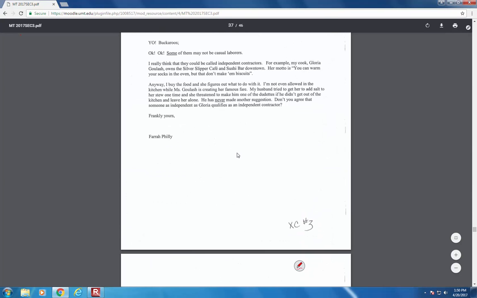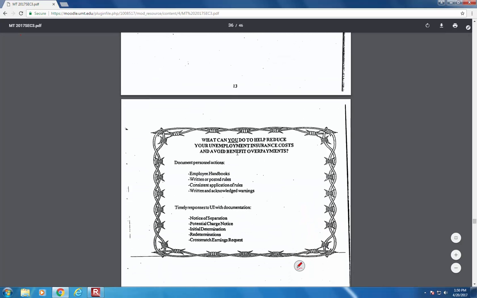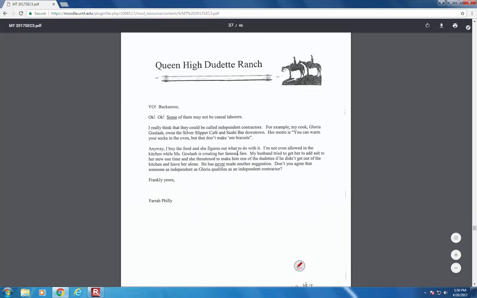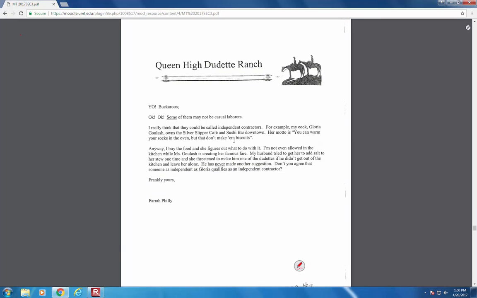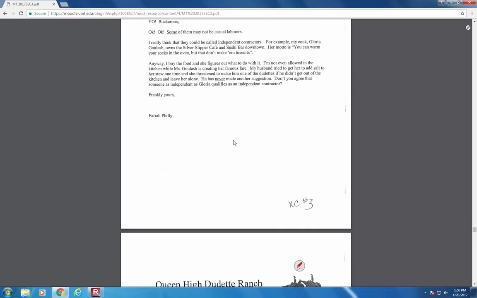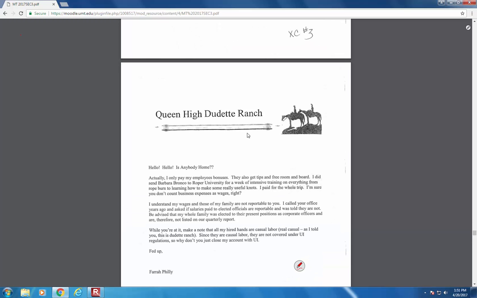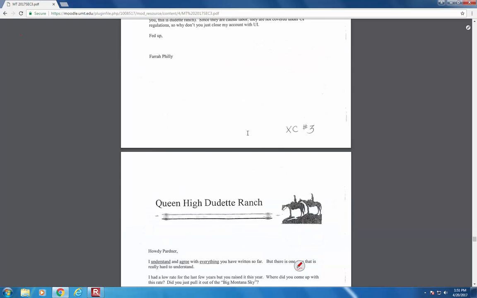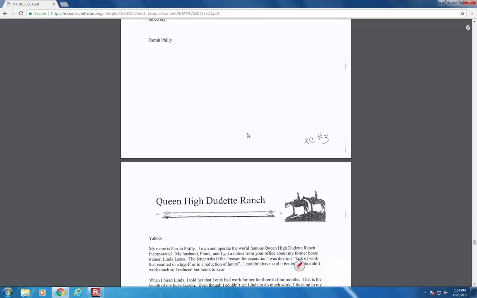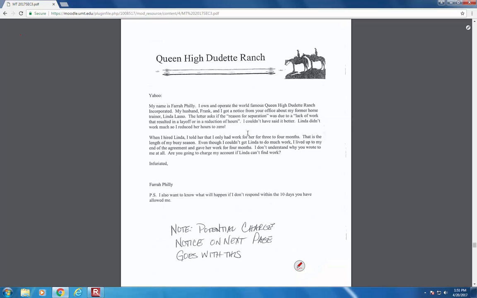Here they are. They start on page 37. I did not write these. I'm not this clever. Yo, buckaroos. Okay. So there are 4 of these, and at the bottom I've penciled in on them extra credit number 3. So you choose that letter, or this letter, or this letter, howdy partner, or Yahoo.